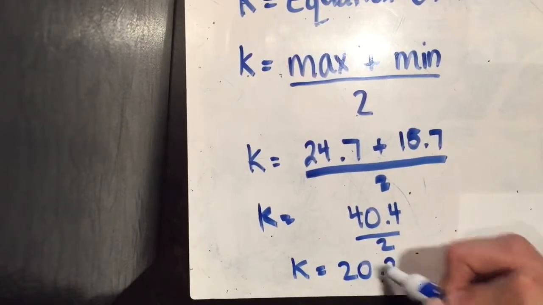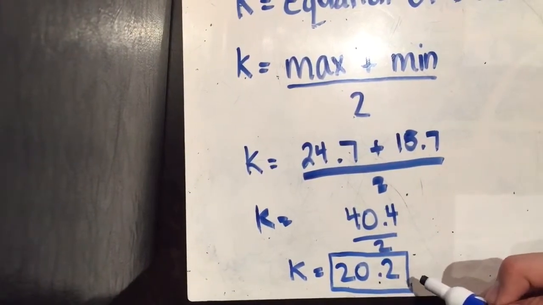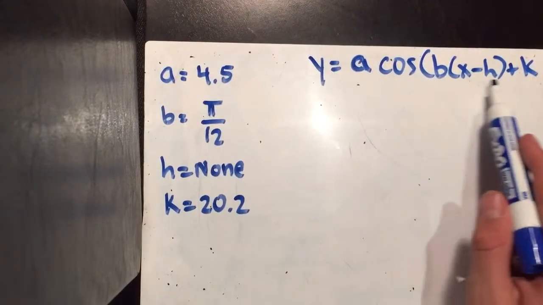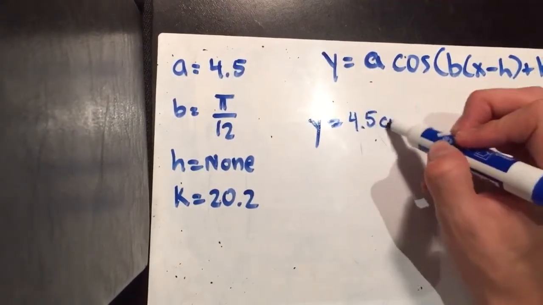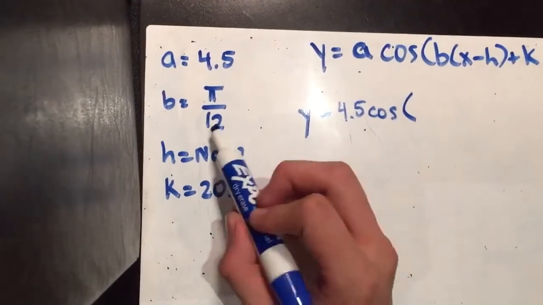Therefore, our k value will equal 20.2. The equation that is produced through these transformations is y equals 4.5 cos(pi over 12 x) plus 20.2.